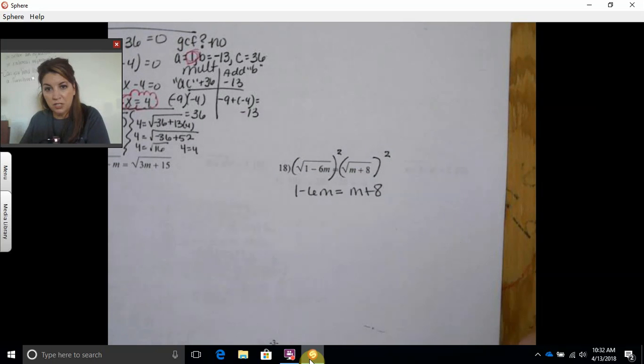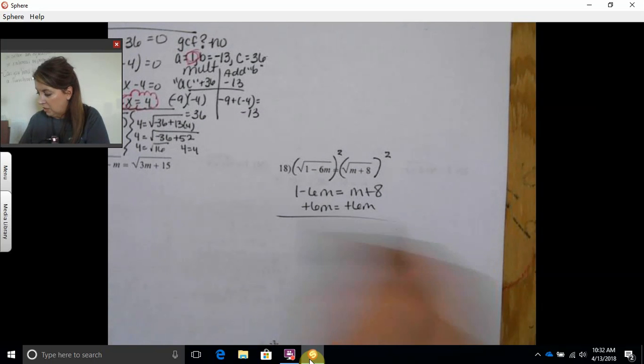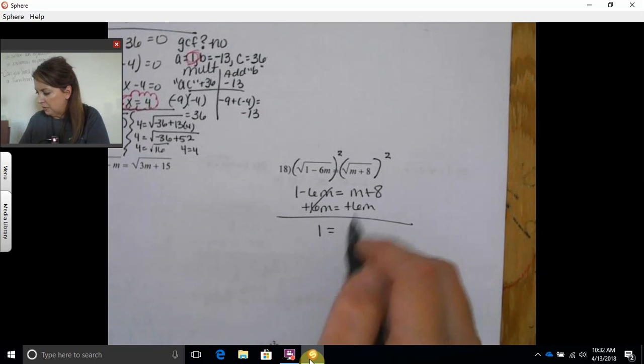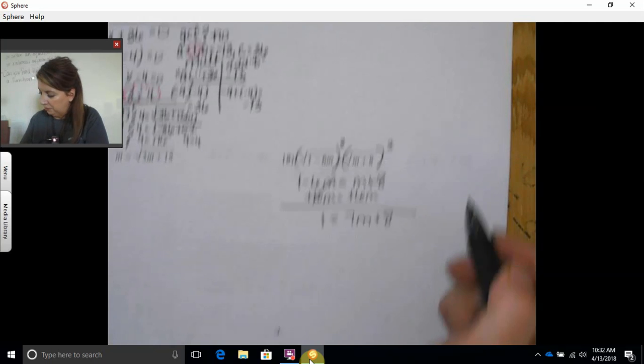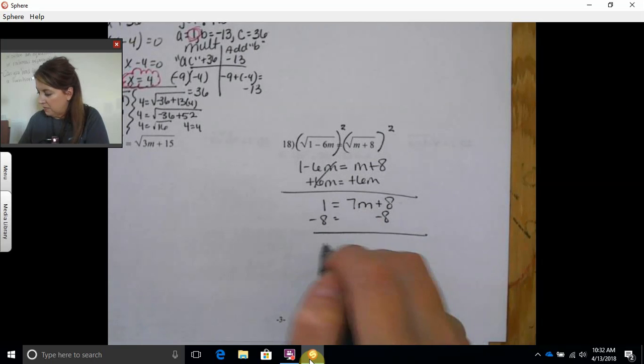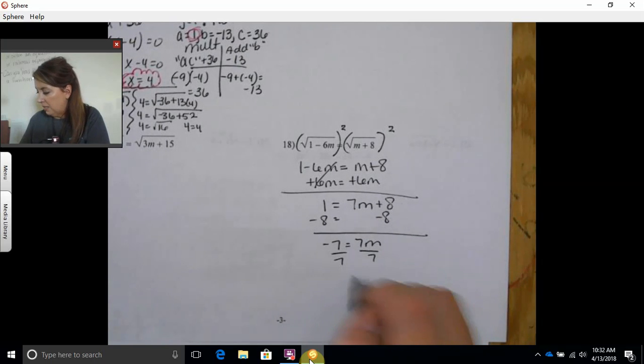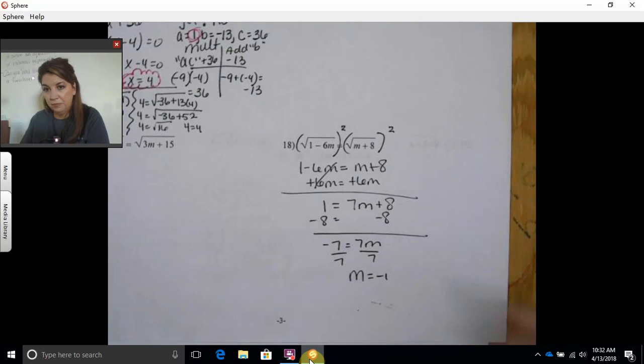Well, it's going to be easy. What should I do? Add 6m. So that's 1 equals m plus 6m. Then subtract 8. 1 minus 8 is negative 7 equals 7m. Divide by 7, and m equals negative 1.